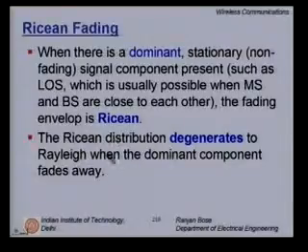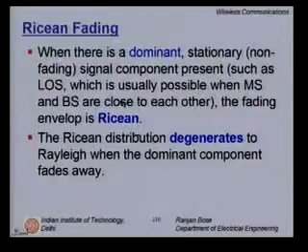Clearly, in the Rayleigh fading scenario, if we add one dominant component, we get the Riccian distribution. In fact, if we somehow have a measure of how much signal strength is in the direct component as opposed to the reflected components from other reflectors, that ratio will tell us how far away the Riccian distribution is from the Rayleigh distribution.